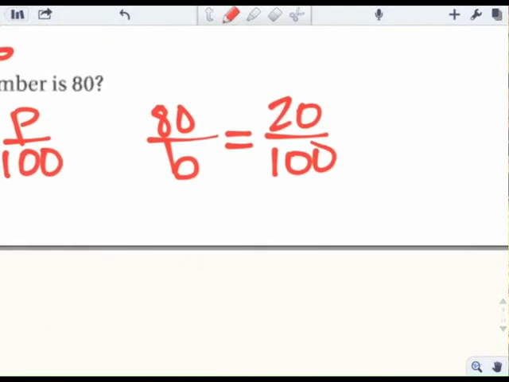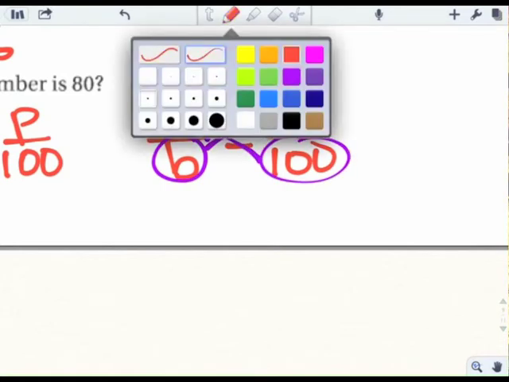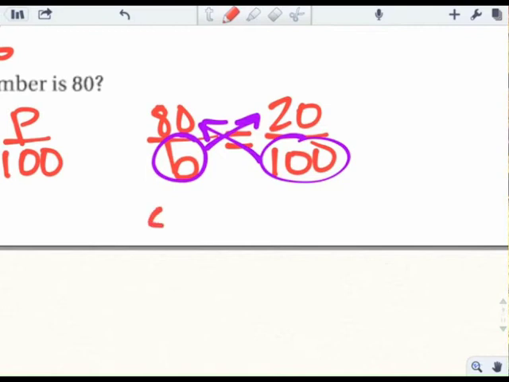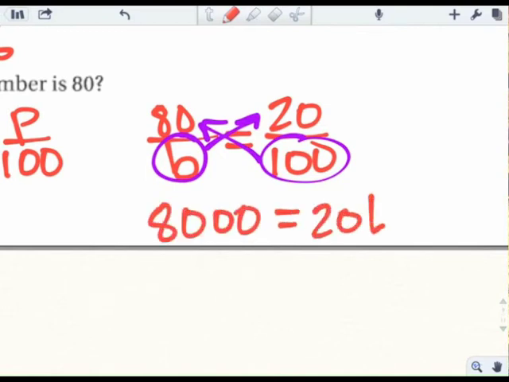Now here, since the B is on the bottom of the equation, I'm just going to use cross multiplication because I'm going to have to do 2 steps anyway to solve this. So cross multiply. So 80 times 100 is 8,000, which is equal to 20B. Finally, to solve this equation for B, we divide both sides by 20.